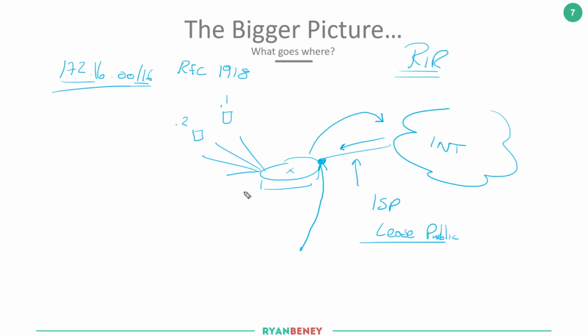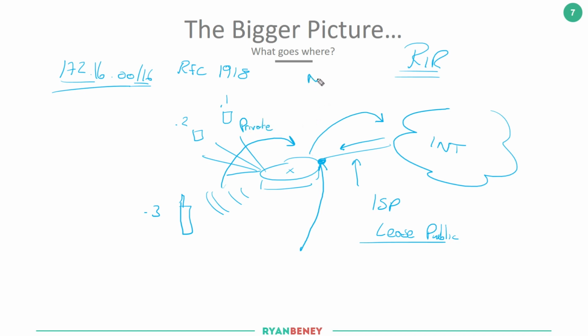Maybe we have wireless and there's a mobile out there and that's getting 172.16.0.3. All of these IPs, because they're all private IP addresses, they need to be translated, and the protocol we use to translate them is NAT.